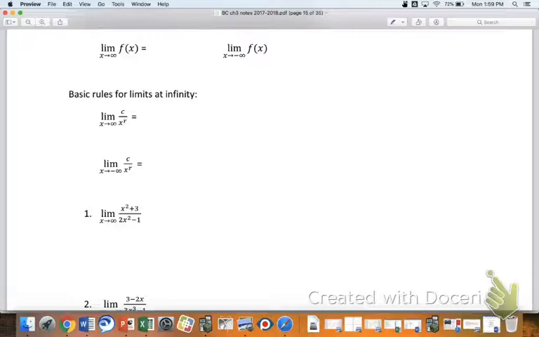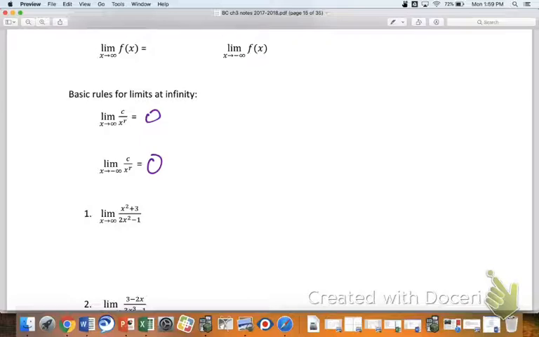Which makes the limit approach what? 0. Same idea here with the limit as x approaches negative infinity of a constant over x to the 5 or 2 or whatever it happens to be, also 0. Okay, so the denominator gets huge, either direction, and the numerator is held constant, then you're going to be approaching a y value of 0.